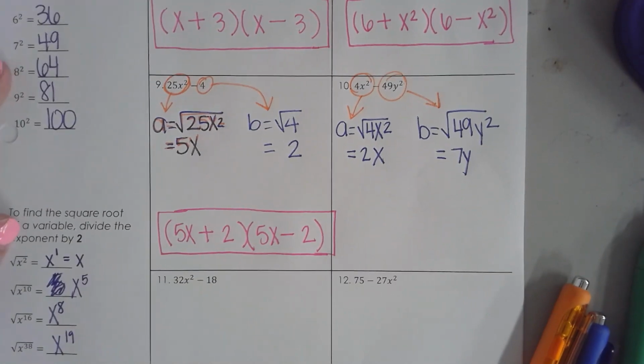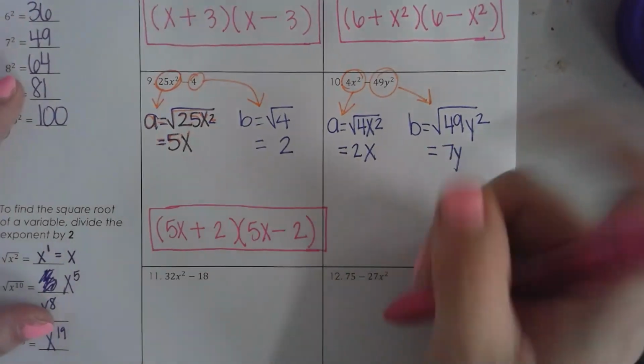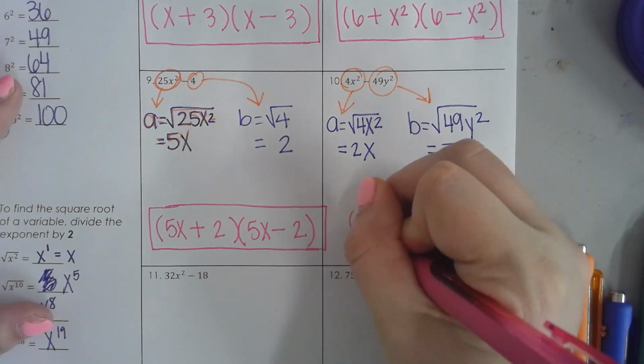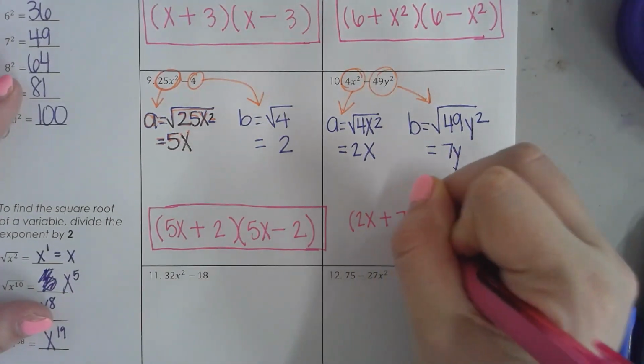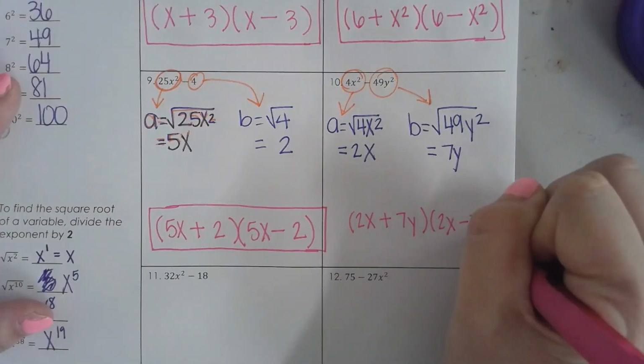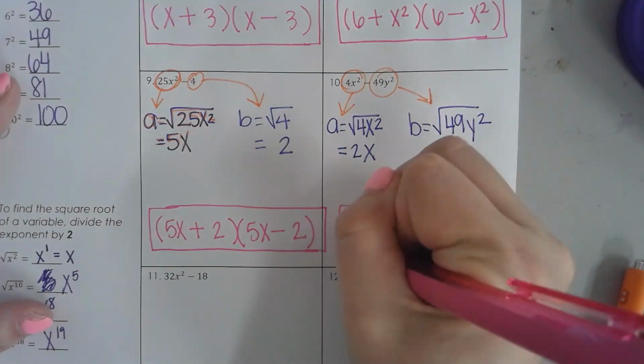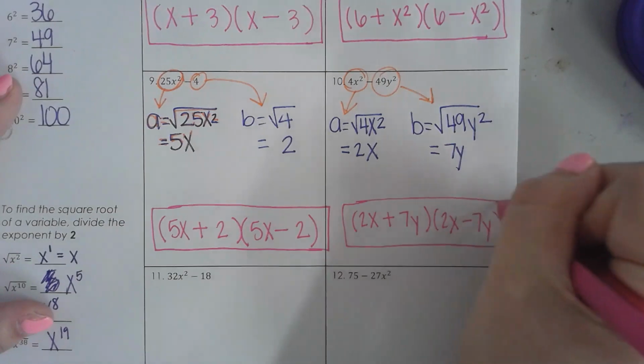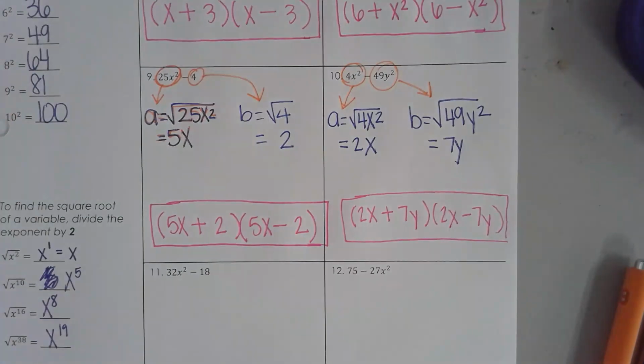And my factors are going to be 2x plus 7y, 2x minus 7y. Any questions?